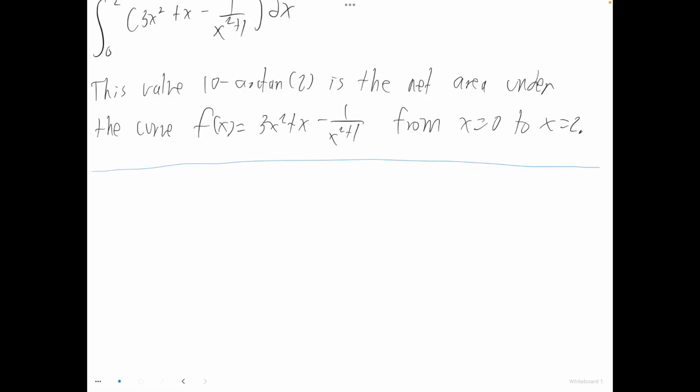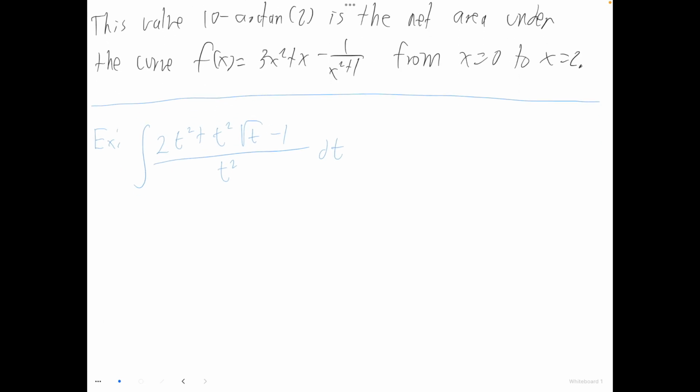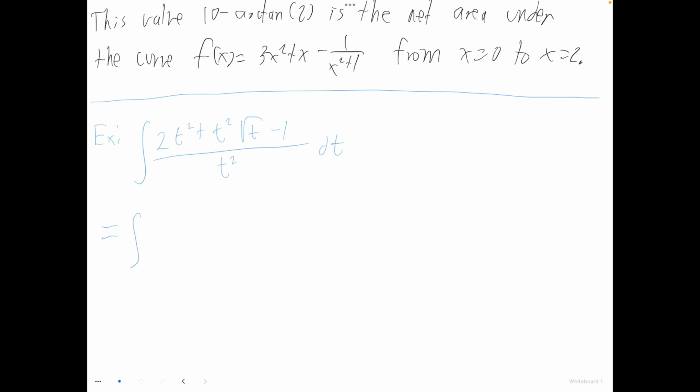And then one more example. We want to take the indefinite integral of 2t squared plus t squared square root of t minus 1 divided by t squared. Okay, so once again, if we want to find this indefinite integral, what we need to do is we're first going to break it apart into pieces we know the antiderivatives or indefinite integrals of.